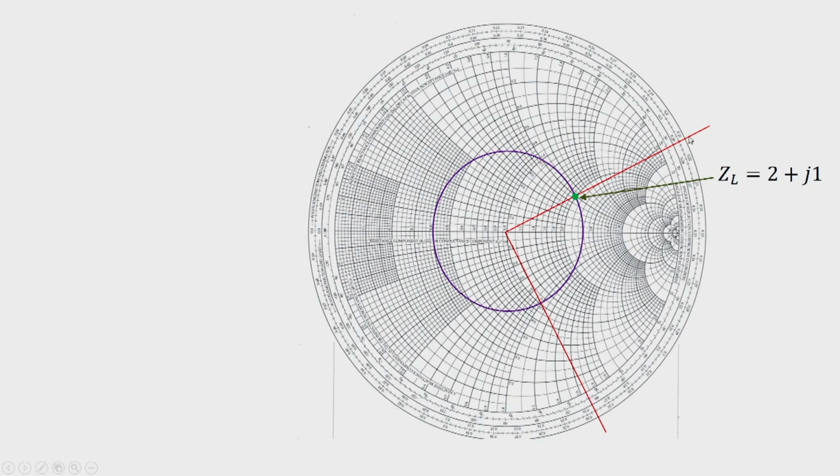Now, the wavelength value here can be read out. Similarly, the wavelength value here can be read out, and the difference of these two will give us the distance d, one of the solutions by which we should move from the load to place the stub.